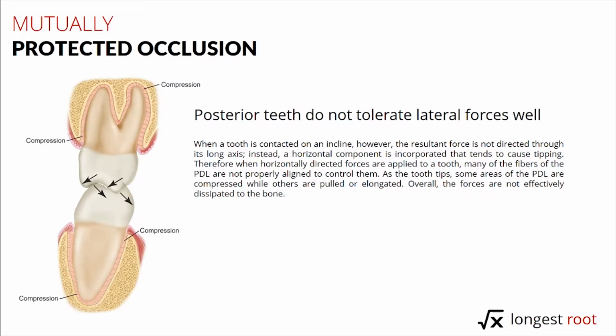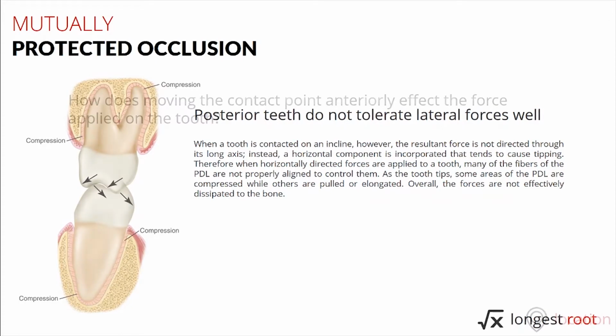As the tooth tips, some areas of the PDL are compressed while others are pulled or elongated. Overall, the forces are not effectively dissipated to the bone. Right, so this slide highlights a point that in lateral forces, posterior teeth don't do very well. They're not designed to take on those tipping forces.